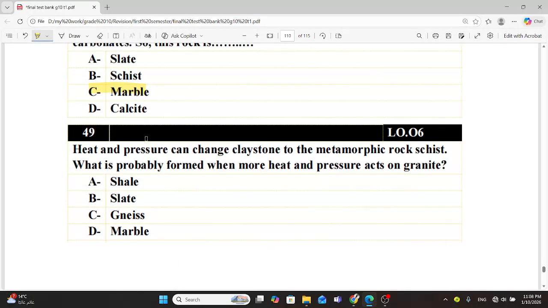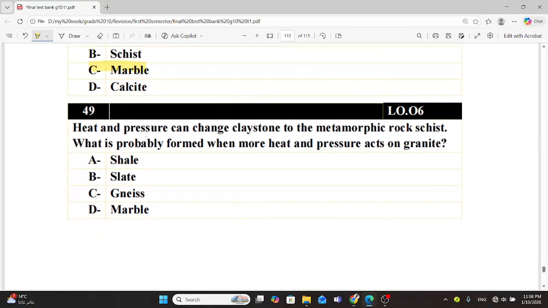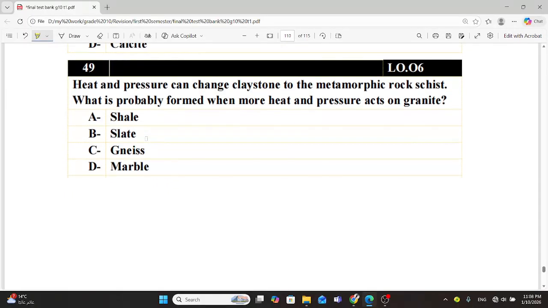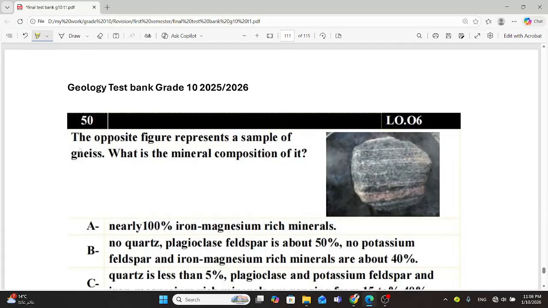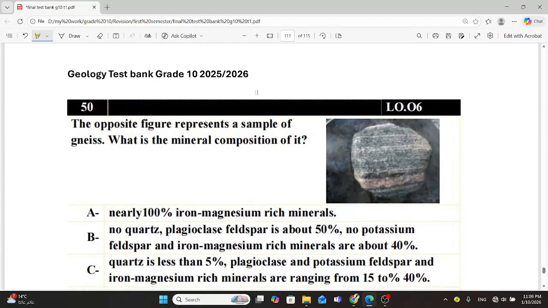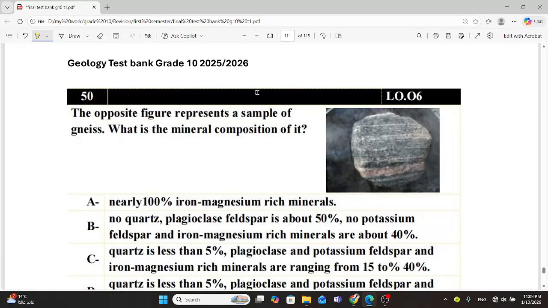طيب heat and pressure can change claystone to metamorphic rock chert. What is properly formed when more heat and pressure acts on granite؟ Granite هتبقى الجنيس. طيب question 50 بيقول لك the opposite figure represents a symbol of genius.